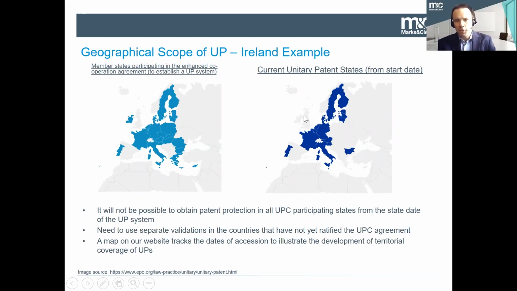The number of dark blue countries will increase as time goes by, and so will the territorial coverage of a unitary patent that you can get from time to time. We have created a tool on our website that tracks this. At the moment, of course, there is only one date of accession, and that will be when the UP actually comes into force. But as things progress afterwards, the dates will differ. So hopefully that is a useful resource for your use.